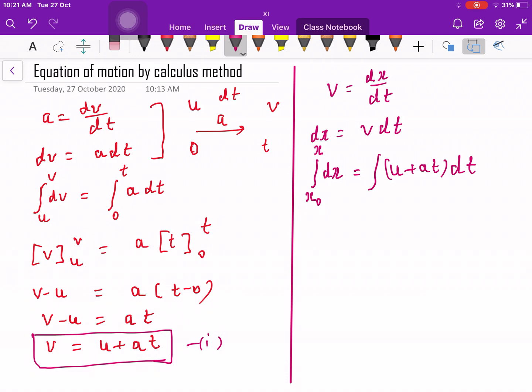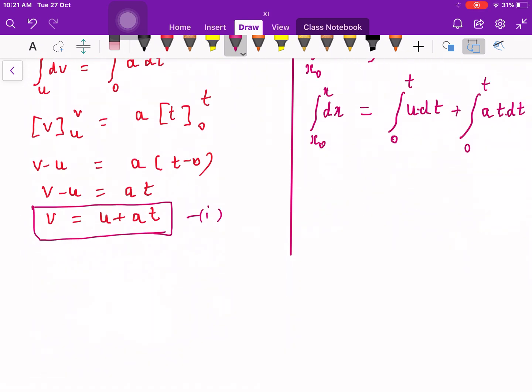At present we are not going to integrate it, we are just putting in the values and arranging the right-hand side first. It will be u dt, with t from 0 to t, plus the integral from 0 to t of at dt.